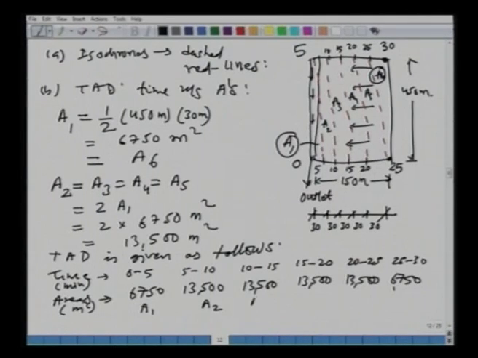This is A2, A3, A4 and A5, and the last one is equal to the first one, 6750, which is A6. So, this is your answer B.